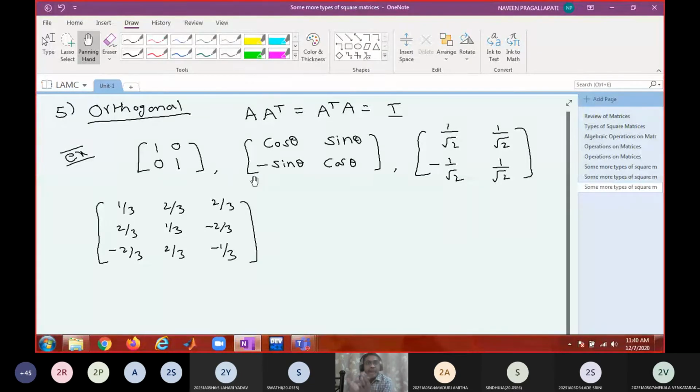First, you see the magnitude, and identifying whether the magnitude is 1 or not is very easy. If any column vector does not have magnitude 1, can it be orthogonal? No. Unit magnitude of column vectors is the necessary condition.